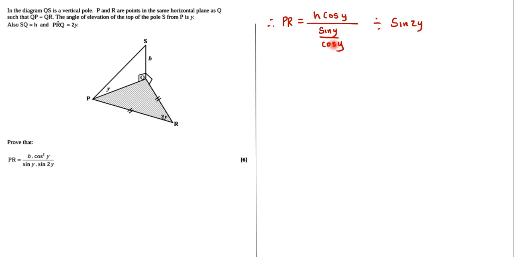Now right here I need to solve this part. So to solve this part, I can still keep this to that part to make sure that you understand it, and then from here I have this cos y, and then change this part into sine y over cos y.